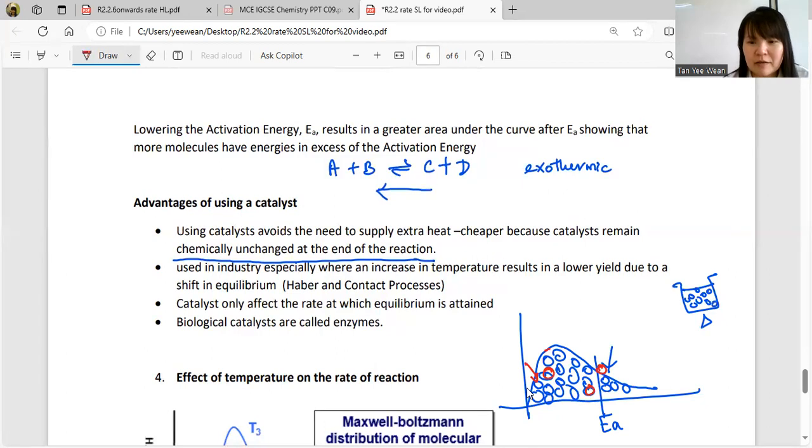Okay, if I were to draw my curve in this way, you will notice that the area under the curve for the red one might be more than the blue one, which doesn't make sense, because before and after I heat the beaker, there should be 30 particles. Same thing, right? Before and after a revision workshop, I should have 30 students. So in order to make the area still the same, you will need to lower the peak.